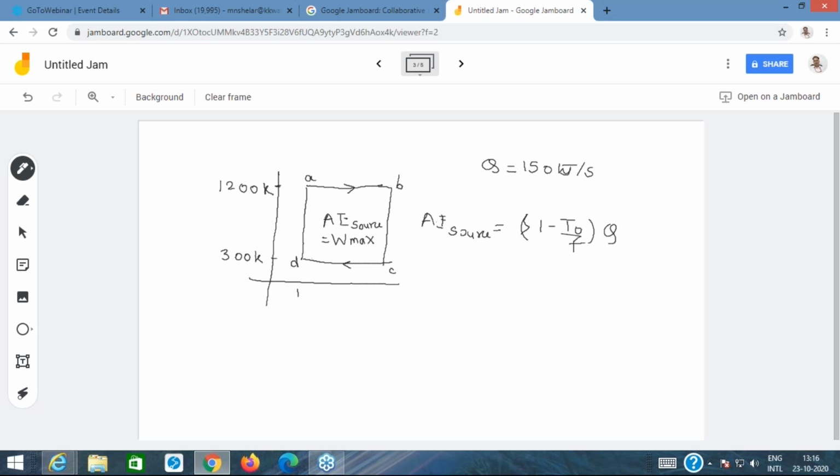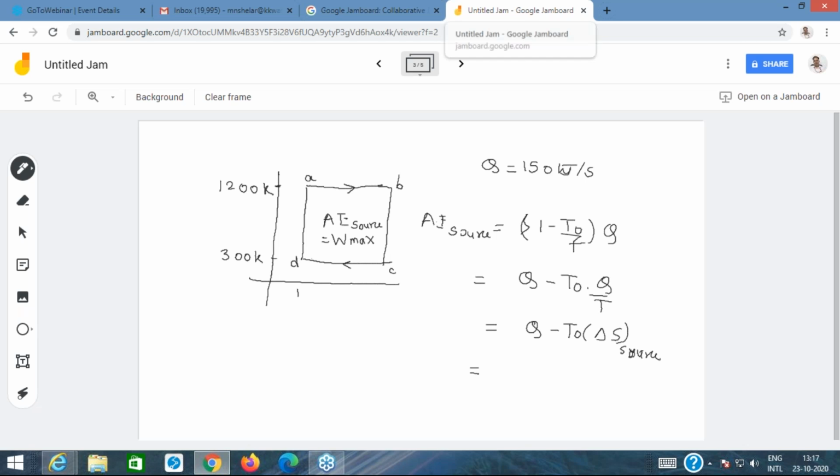I'll just rewrite this expression because now what I have is directly the entropy change value. So I can use the entropy change of the source.